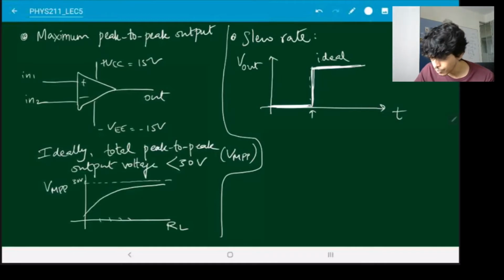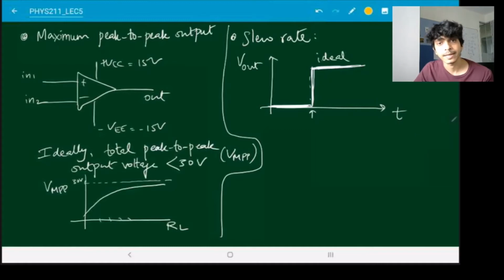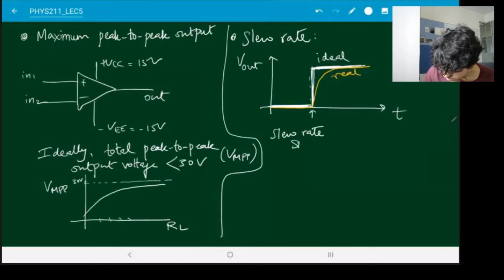However, for a real op-amp, this switch is not instantaneous. It takes some time. So for a real op-amp, it might go something like this. So you can see there is some rate at which this increase happens. So the slew rate is defined as the rate at which this change occurs.